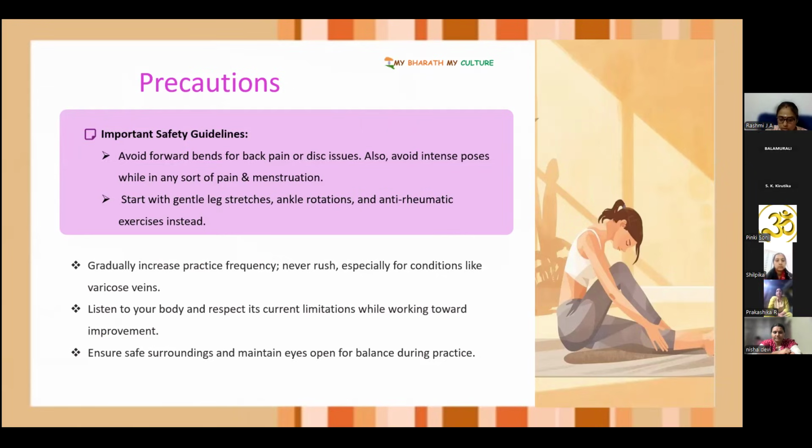This is also important. There will be people who will come to you. They might have been doing Surya Namaskar or very intense asanas some 10 years back. Then in the meantime of 10 years, they would not have practiced at all. They'll be willing to renew their yogic practice.